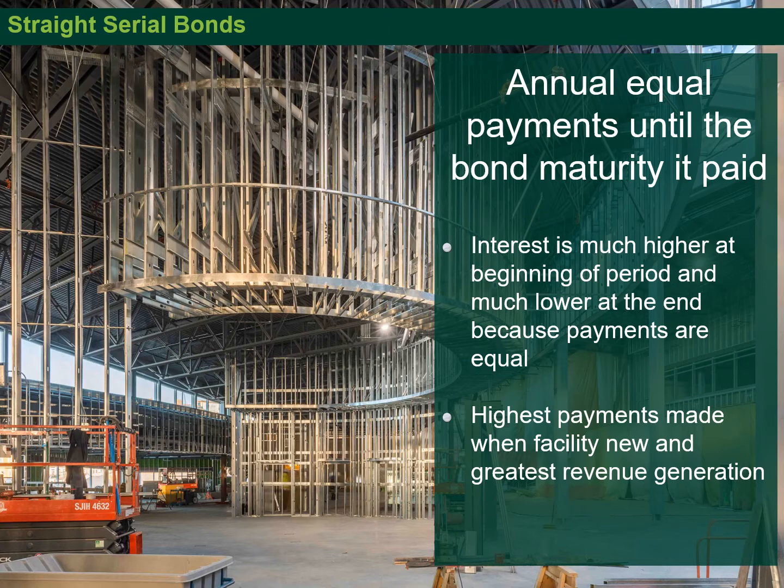In the beginning, you pay a higher interest amount and lower on the principal. As you move forward through the term of the loan, your payment toward your principal increases and your payment toward the interest decreases. So your highest payments are usually made when the facility or the operation or the endeavor is new and you're creating a lot more revenue generation.